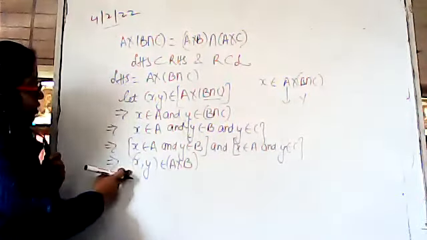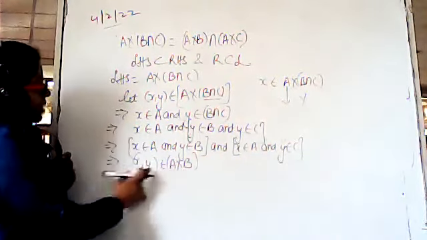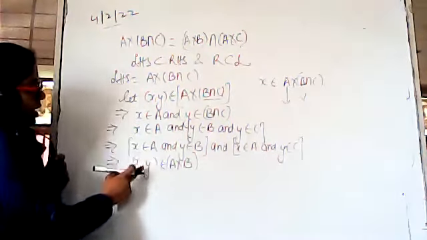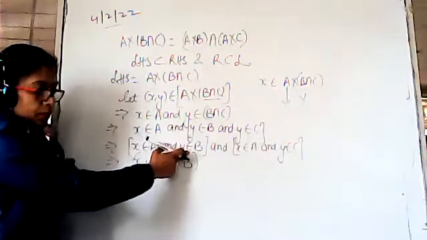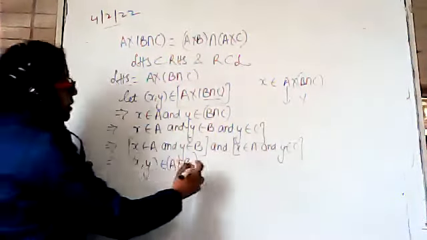You know the definition of Cartesian product. If we have ordered pair (X, Y) belongs to A cross B, it implies that X belongs to A and Y belongs to B. Now again we are converting it into the definition.